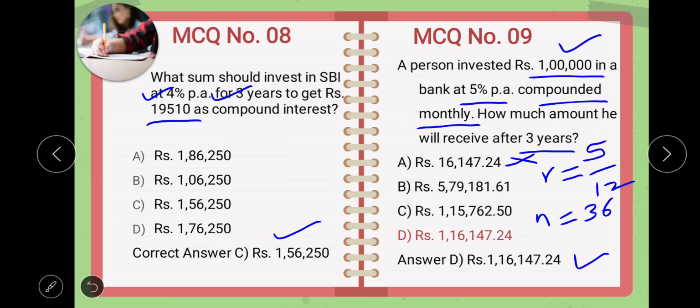So in this way, multiple choice questions will be asked on compound interest. These are some examples. The examiner can ask various questions by changing the values and the sentences.